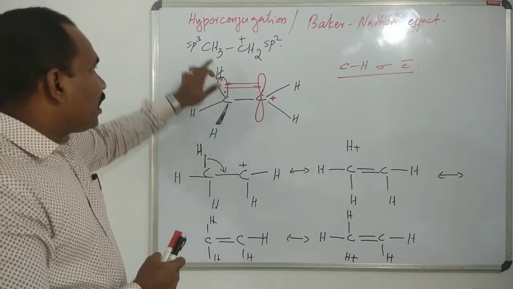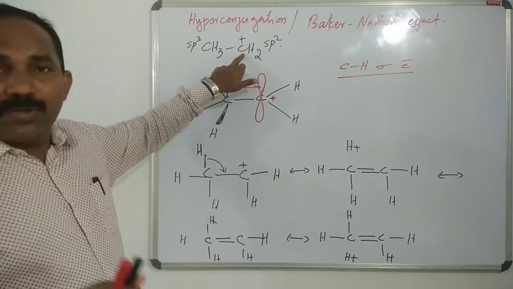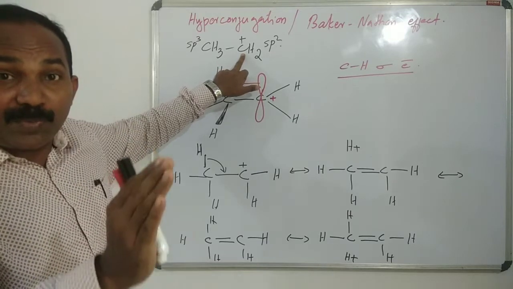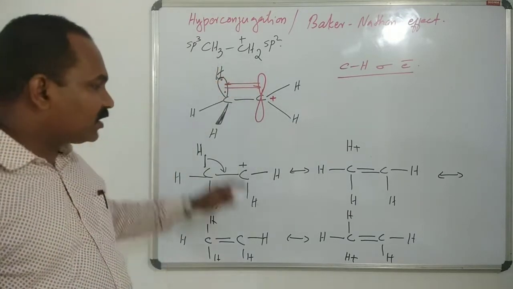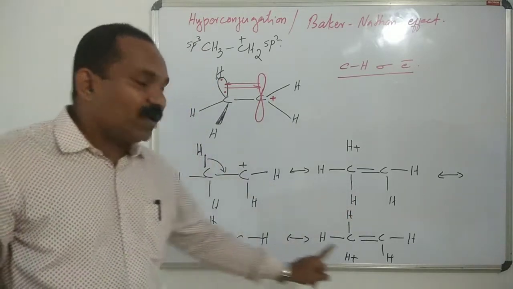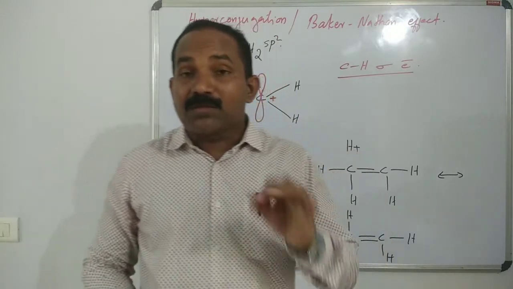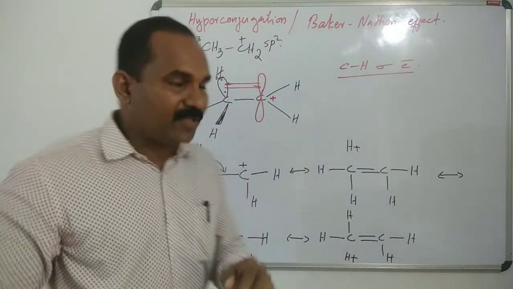So this carbon has 3 hydrogen atoms, and it is attached to a carbon atom with an empty or unshared p orbital. That's why we get 3 hyperconjugative structures.